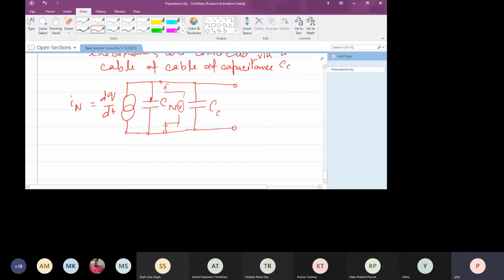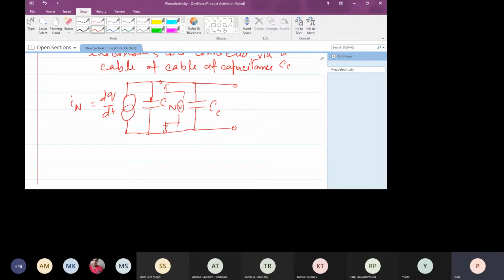So the response of the piezoelectric sensor would be like an ideal one. Whatever the force given, static or dynamic, it will give a proportional voltage, which again depends on the amount of charge accumulated between the two surfaces of the electrode.